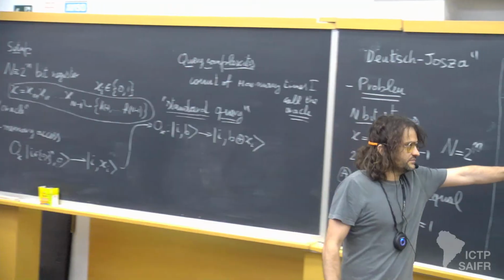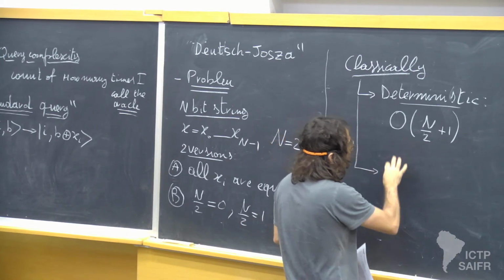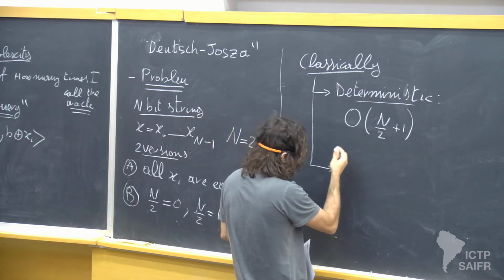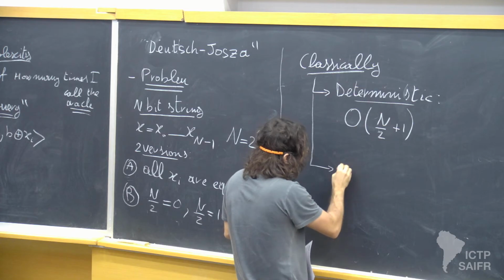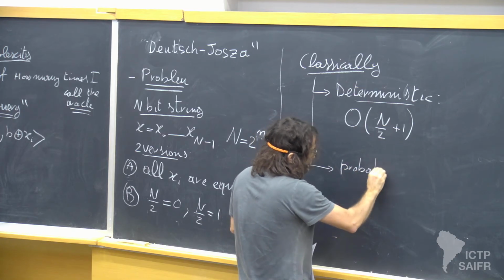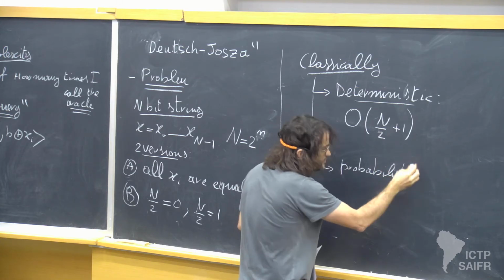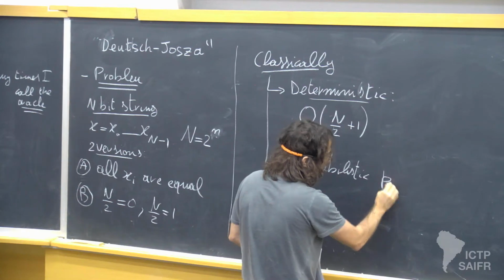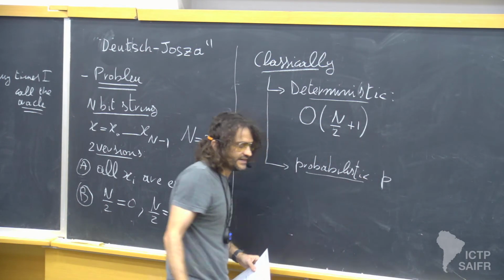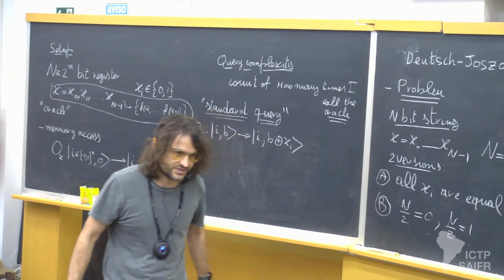Now suppose that your life is not so threatened by this result, so you admit a certain probability of error. So you want to be probabilistic. Suppose that you assume a certain threshold P, so you want to be sure that you answer correctly and the mistake is smaller than a certain probability P that I don't want to specify.